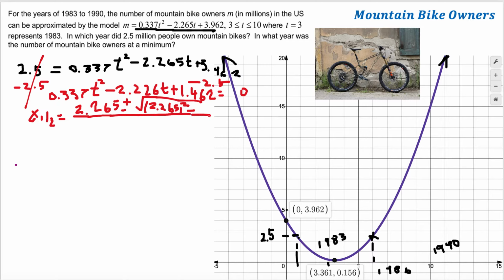Here is a minus 4ac, a minus of 4, and a is 0.337, and c is 1.462. So this is what it is, and here is 2 times a, which is 2 times 0.337.